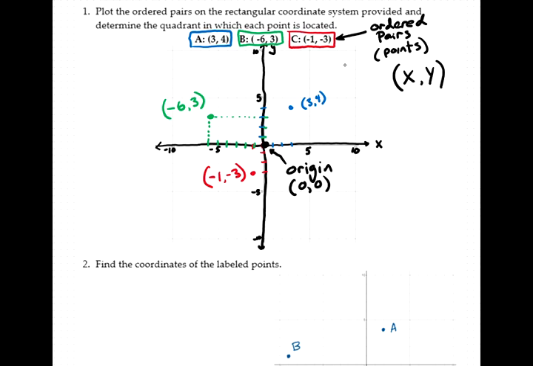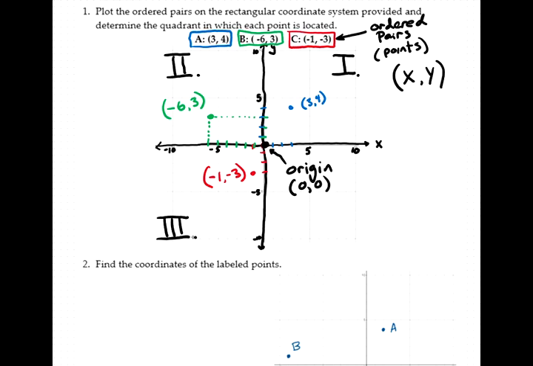And what we do is we start with the upper right and we count counterclockwise. So the upper right quadrant, we call that quadrant 1. And then the upper left, where x is negative but y is positive, we call that quadrant 2. The lower left, where x and y are both negative, we call that quadrant 3.